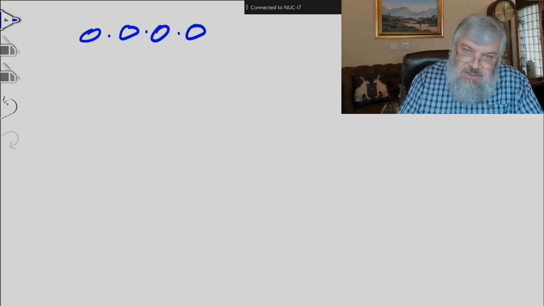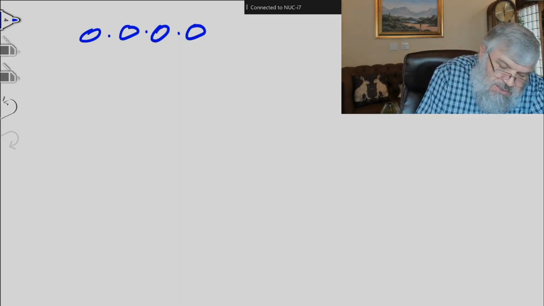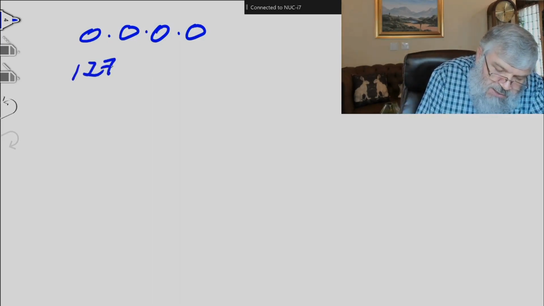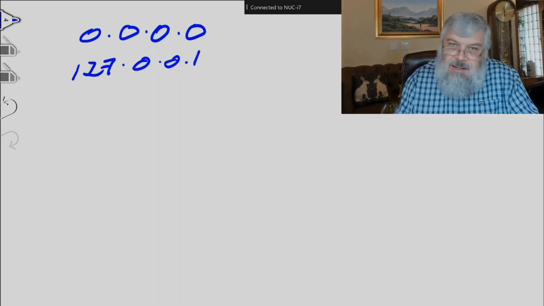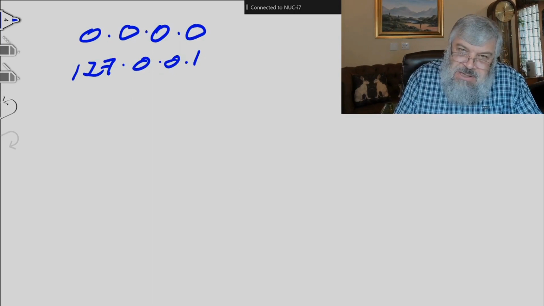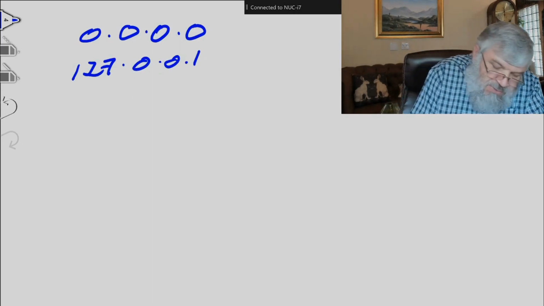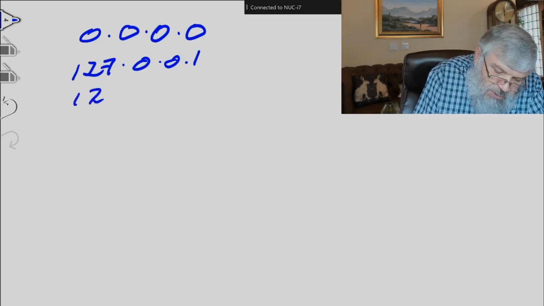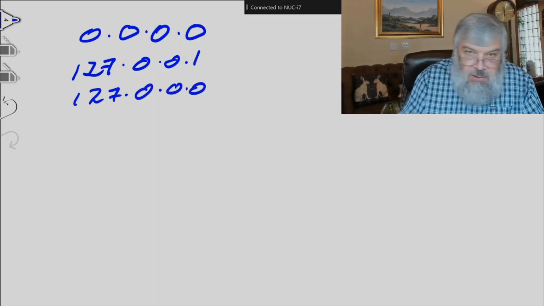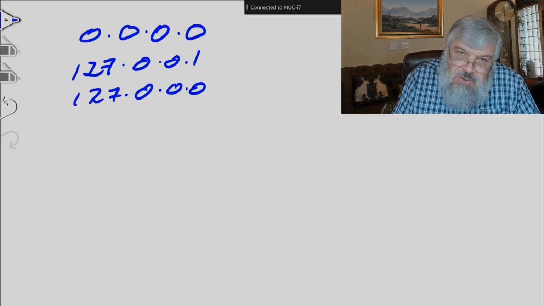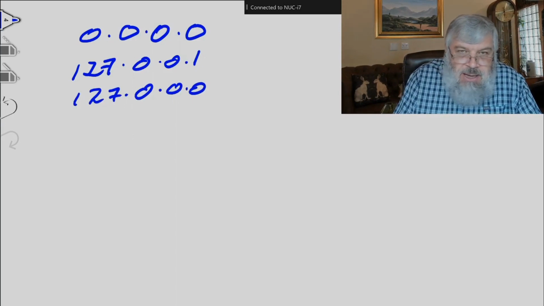The other address also refers to one's own computer. It is 127.0.0.1. That is localhost. Sometimes people also talk about 127.0.0.0 local net, but localhost is the useful one here, and localhost refers to this computer.